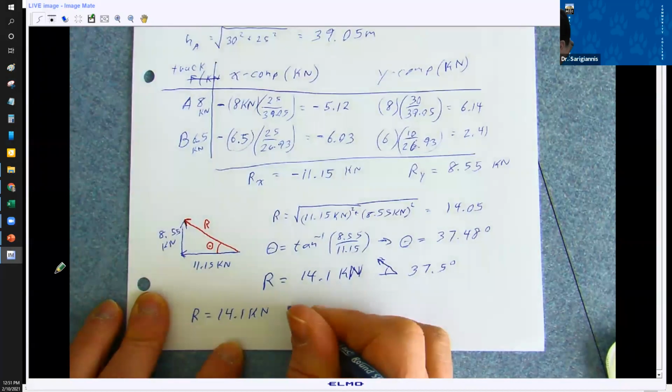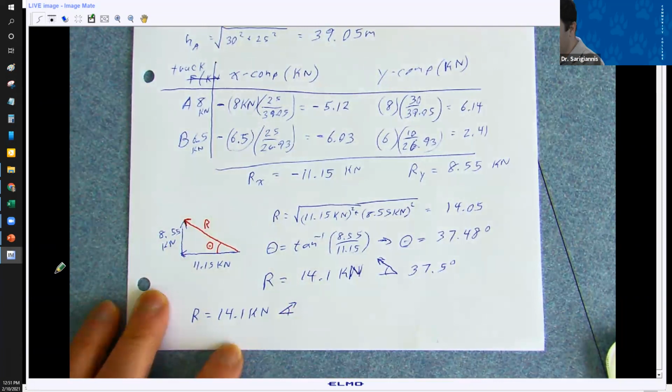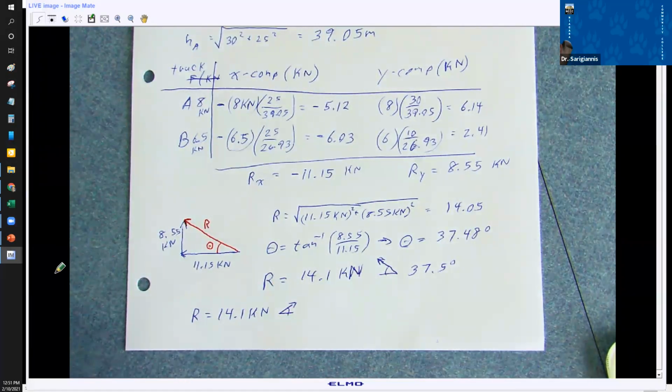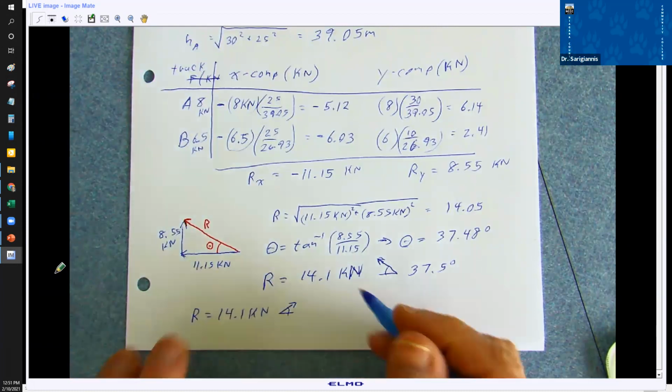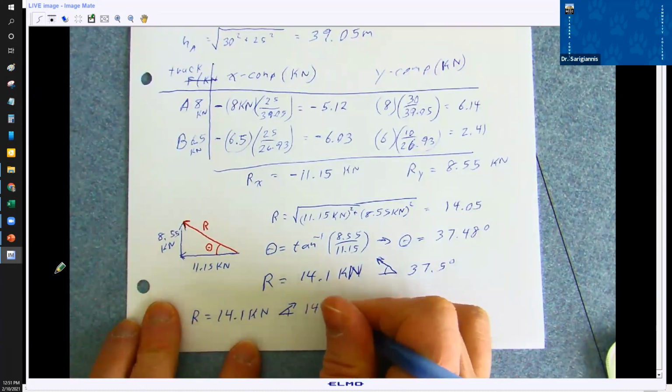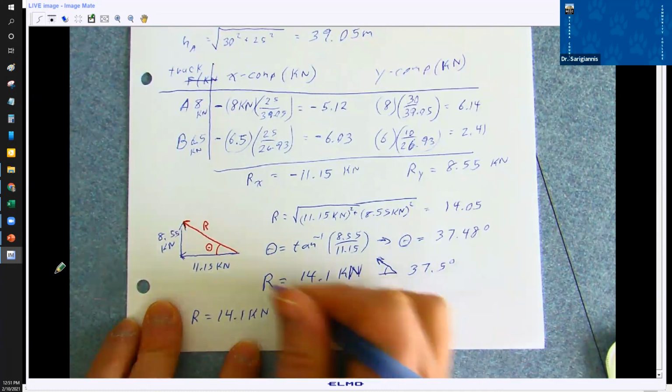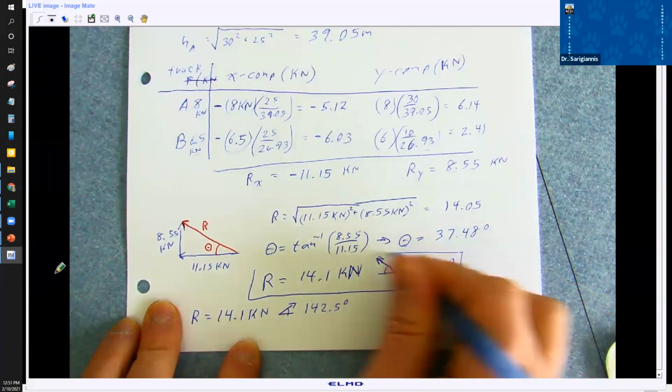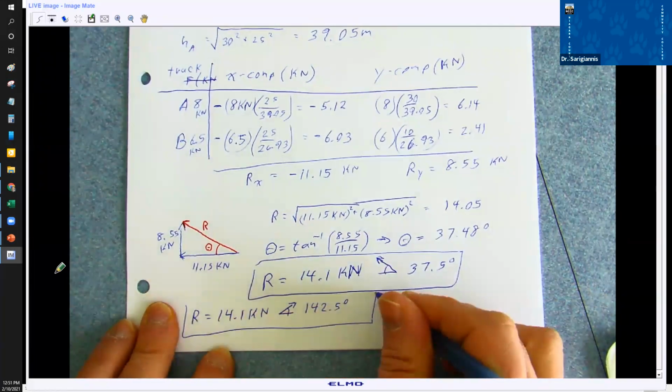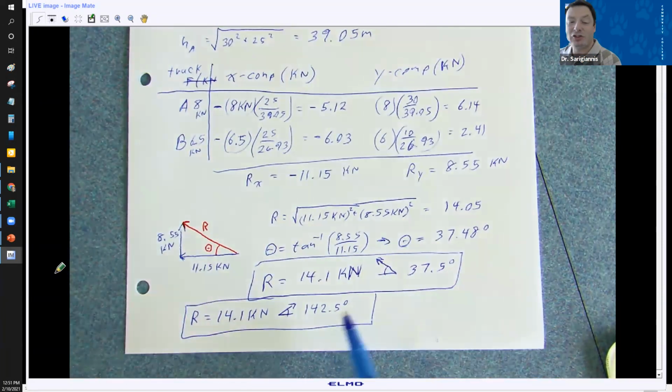And if I'm reporting the angle off of the positive x direction, right, I would use a sign like this, and it would be 180 minus 37.5. So this would be 142.5 degrees, right? What is this telling us? Depending on how I reported it, these are the same thing.